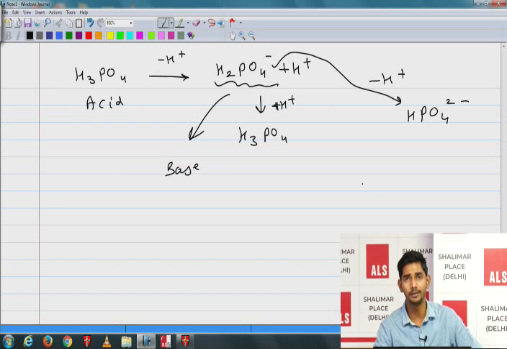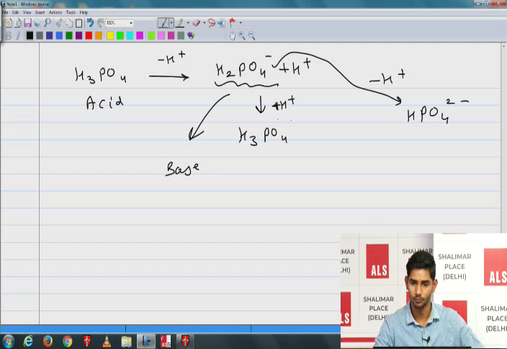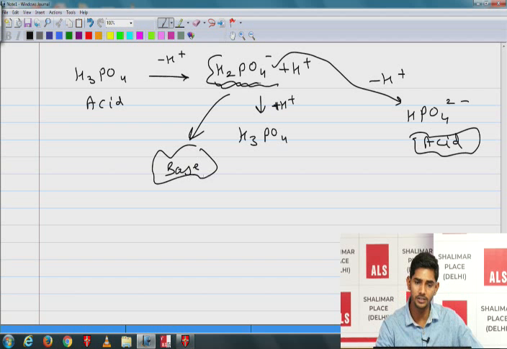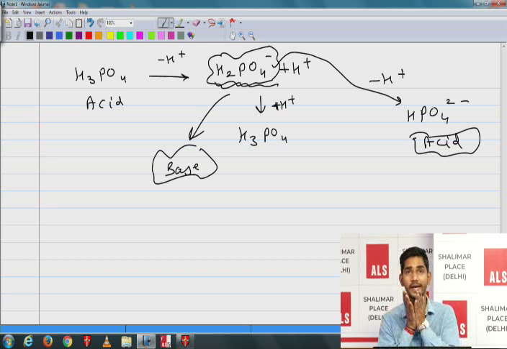So what actually H2PO4 minus can do is that it can donate H plus, therefore it is an acid. Now, in the case it can accept H plus as well, therefore it is a base. So this one, H2PO4 minus, has the ability to accept as well as donate H plus ions.